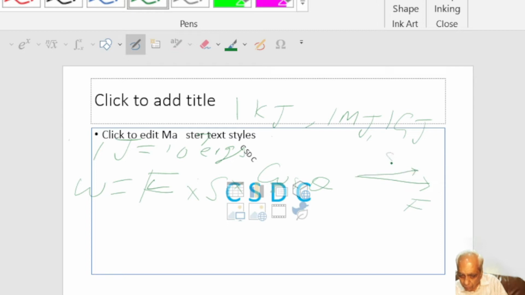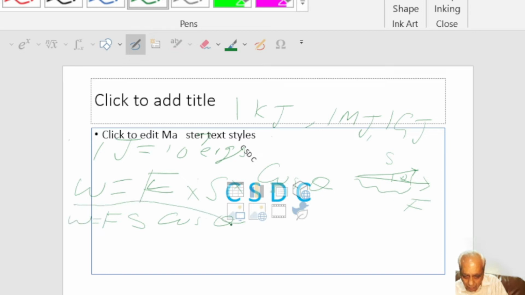Then we should take the component of this displacement in the direction of force. So from here, if I draw a perpendicular to F, then this is the displacement in the direction of force. If this angle is theta, then the value of this displacement in the direction of force is S cos theta. So work done is W is equal to F into S cos theta.